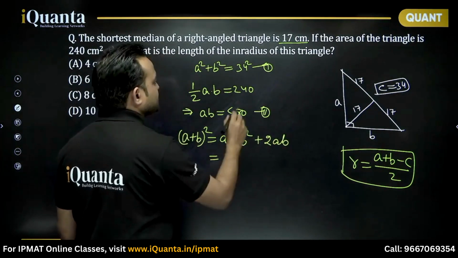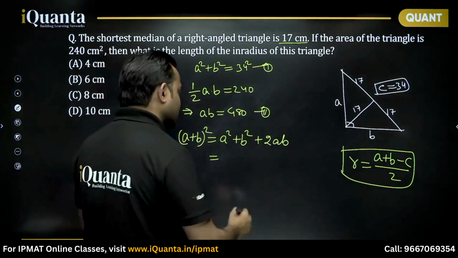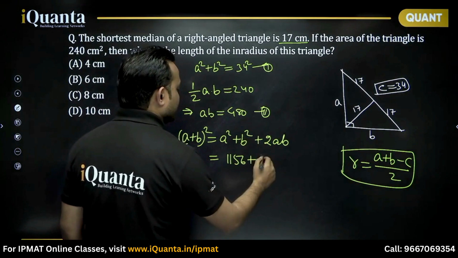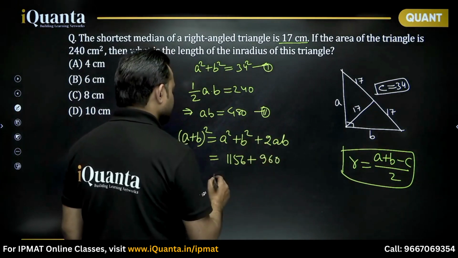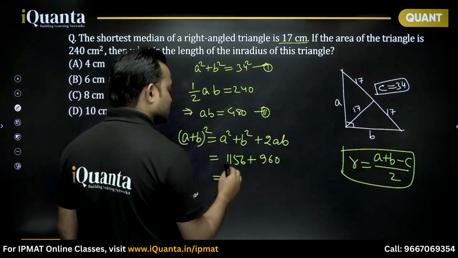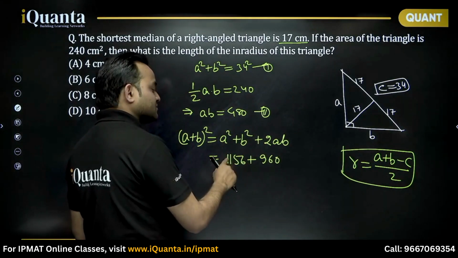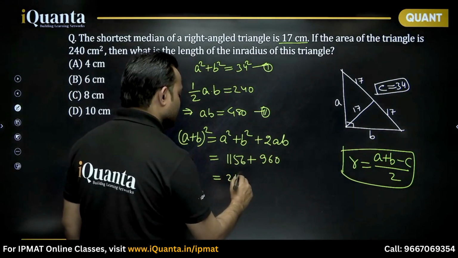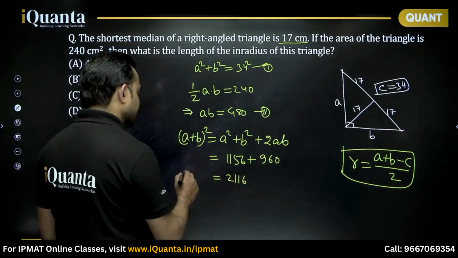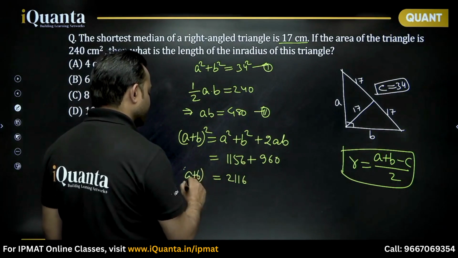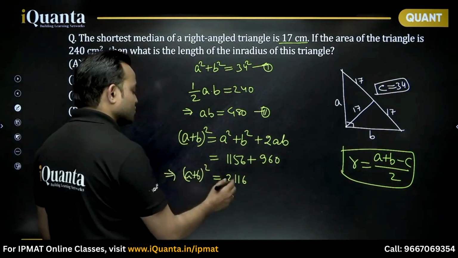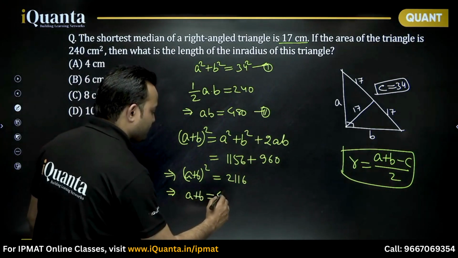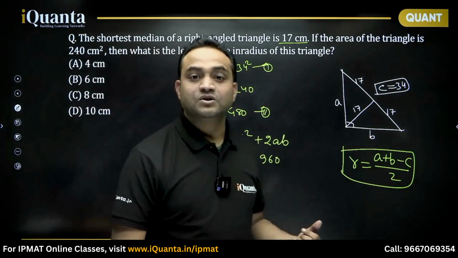Now what is A square plus B square? 34 square. What is 34 square? 1156, plus 2 times AB will be 960. So from there, add 2000, this will become 2156, then subtract 40, so 2116. So we can say A plus B whole square is equal to 2116, or we can say A plus B will be equal to 46. 46 square is 2116.